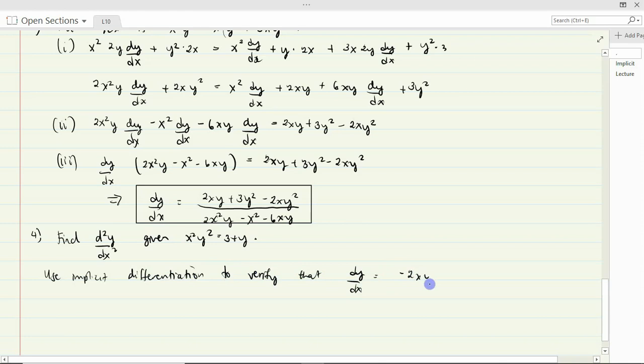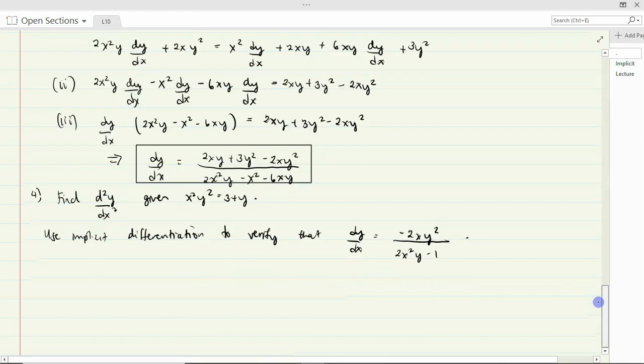It's negative 2x y squared all over 2x squared y minus 1. So, that's dy dx. Okay? That's the first derivative. Pero, ano yung gusto natin? Gusto natin yung second derivative.